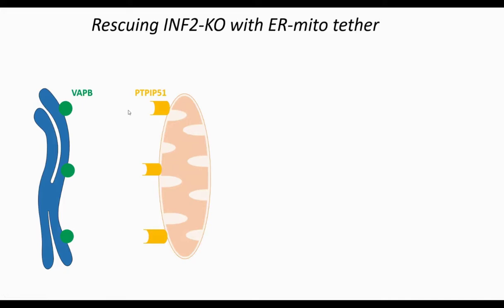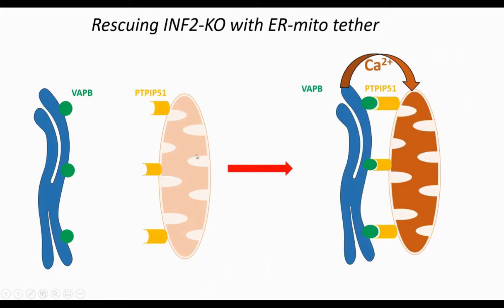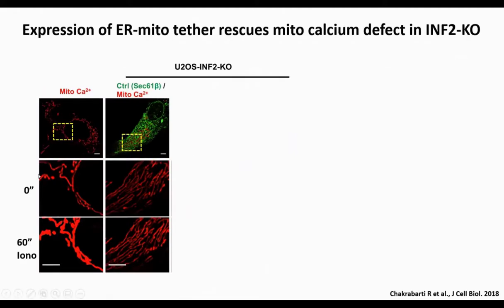It's pretty well documented that if you just express one of these partners, you have almost a 2 to 3-fold increase in the ER-mito contact basally, even before treatment. So if our hypothesis was correct and actin was facilitating this ER-mito contact, then by expressing these proteins in the INF2 knockout cells, we could artificially tether the ER and mitochondria. And now if we stimulated these cells, calcium should flow into the mitochondria.